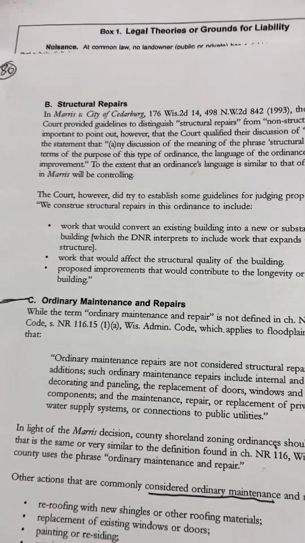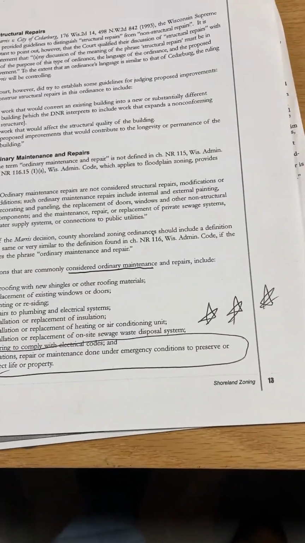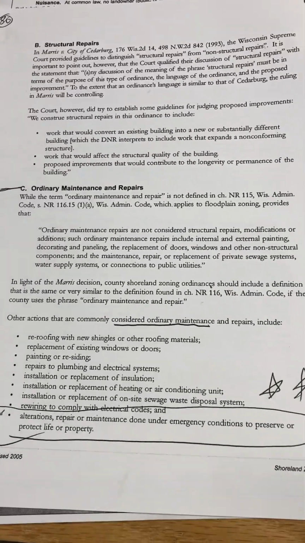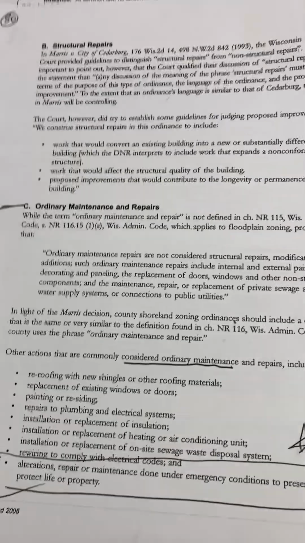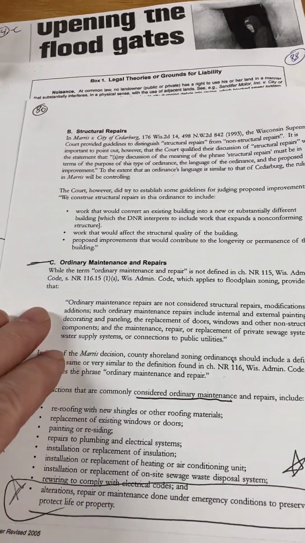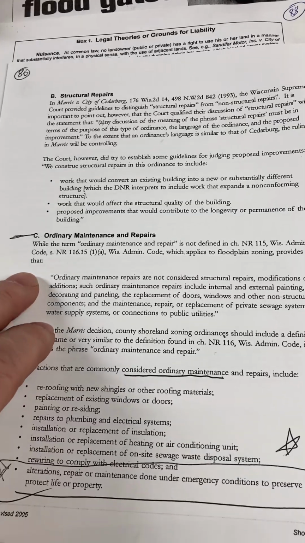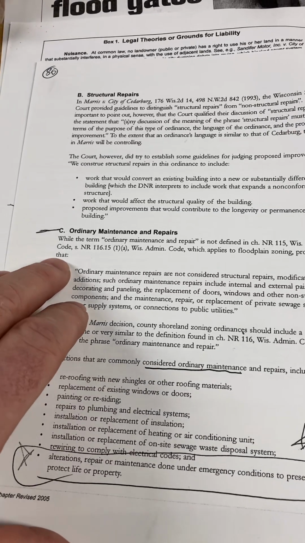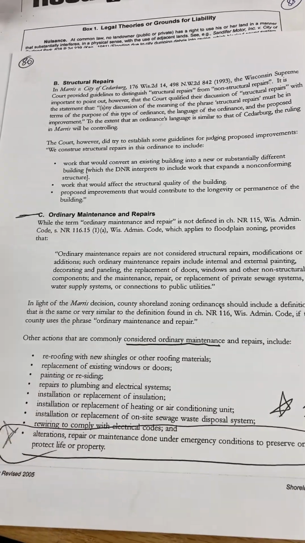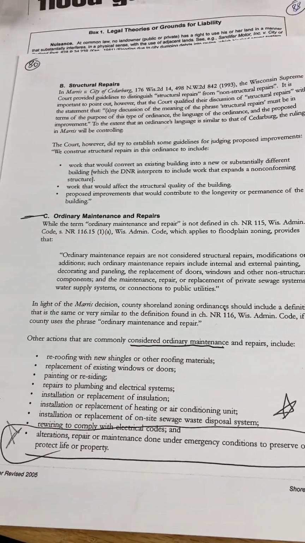Okay, so I showed this kind of before. It's important, if you can, please watch the episodes because I can't go over everything every time. But this document is specific for this. It says ordinary maintenance and repairs. Well, the term ordinary maintenance and repair is not defined in Chapter NR 15, which applies to the floodplain zoning, provides that ordinary maintenance repairs are not considered structural repairs.